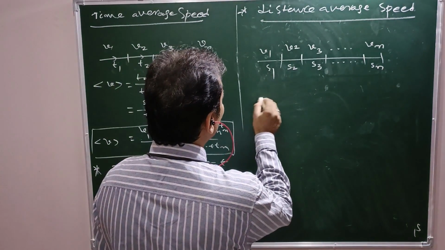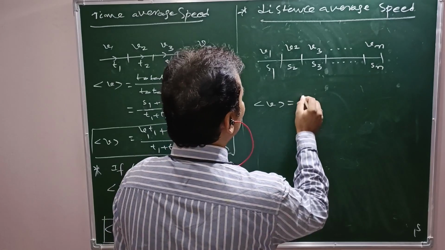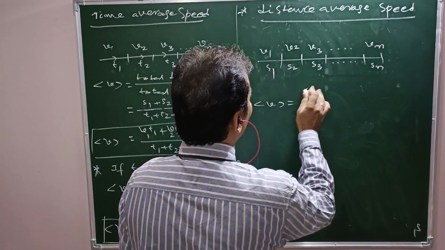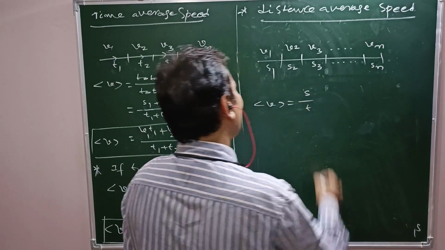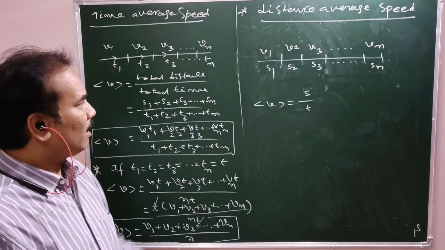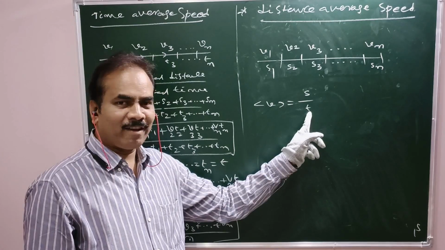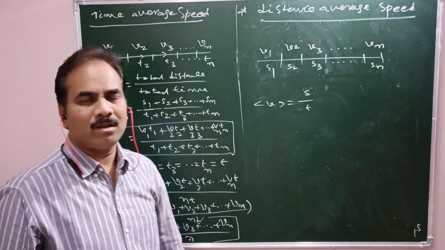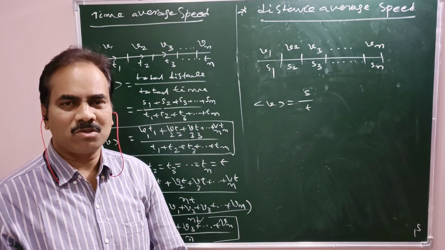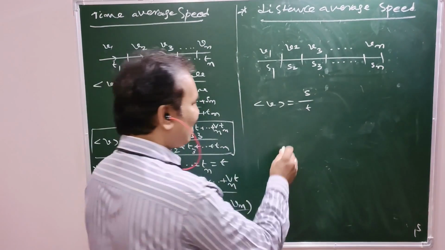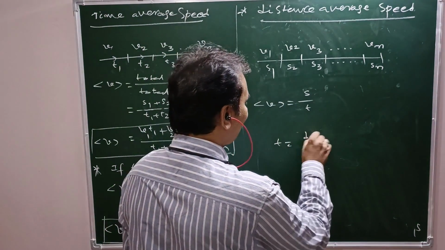Now by the definition, what is the average speed? Average speed means total distance by total time taken. Alright? Here we have distances, but there is no information regarding time. So convert unknowns into knowns. What is the time here? Time means distance by speed.